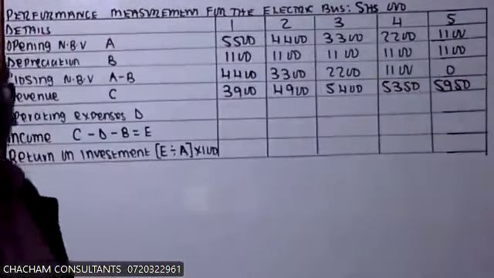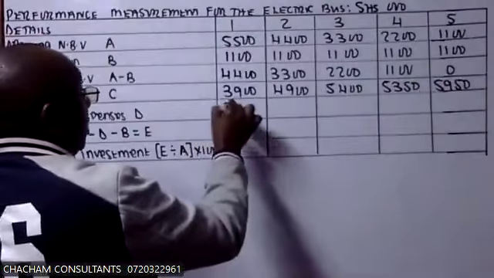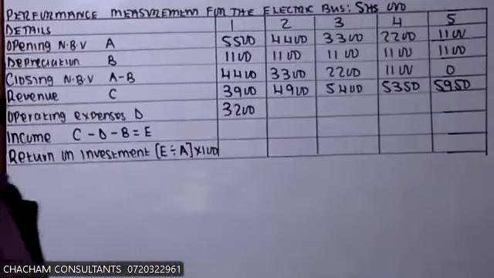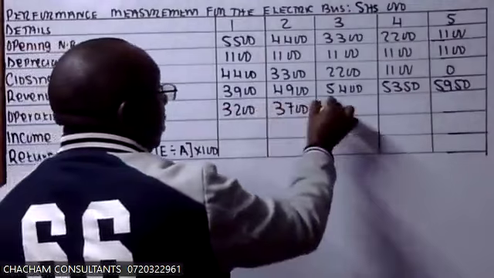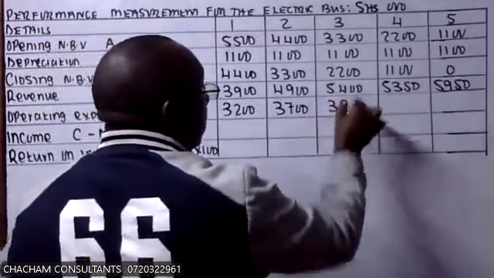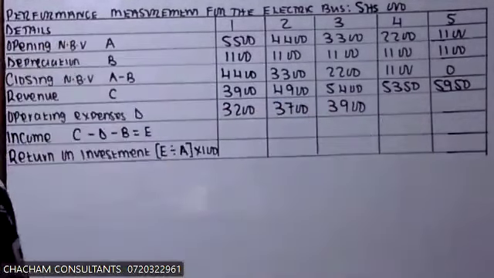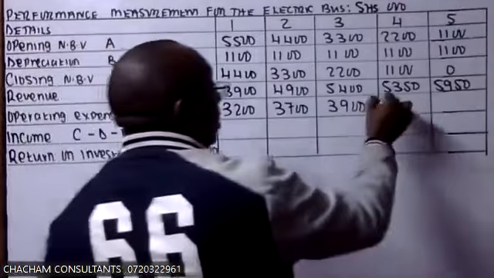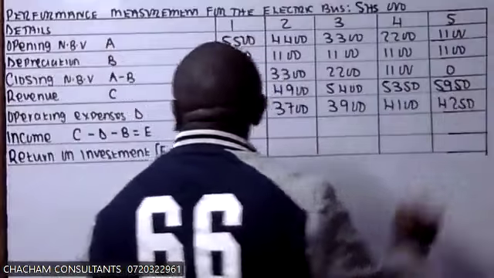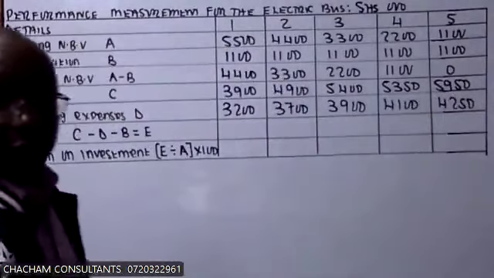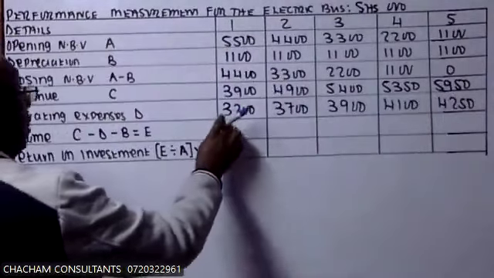Operating expenses, that's 200, that is 700, that 900, 4,100 and 4,200, 4,250. So sasa ukifika hapo unipatie income ya the first year.